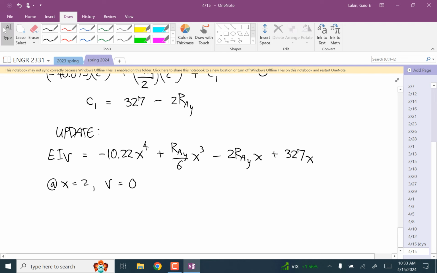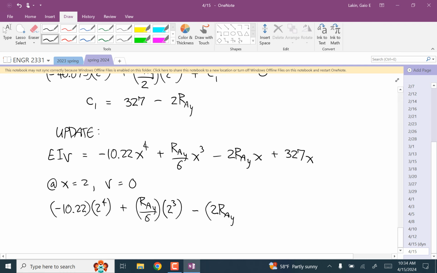All right, now deflection. So we have negative 10.22 times 2 to the fourth plus RAY over 6 times 2 to the third minus 2RAY times 2 plus 654 is equal to 0.